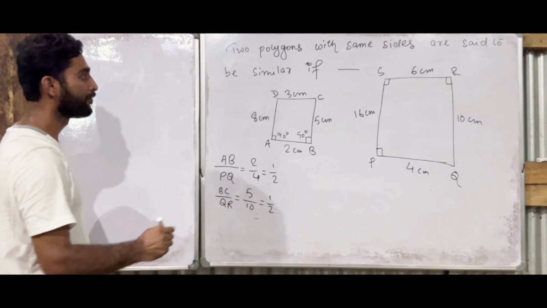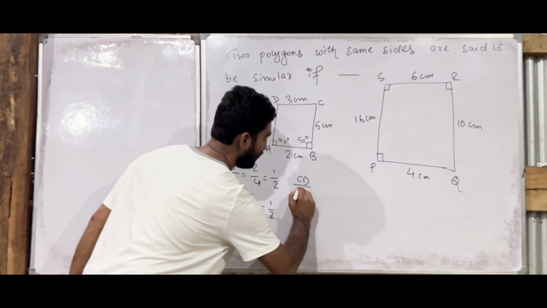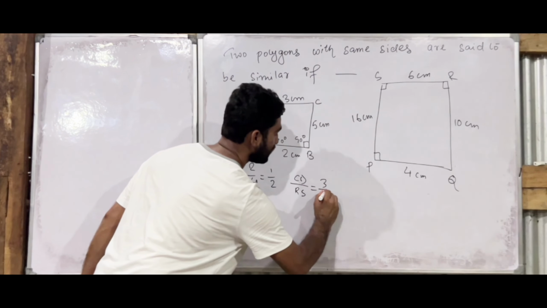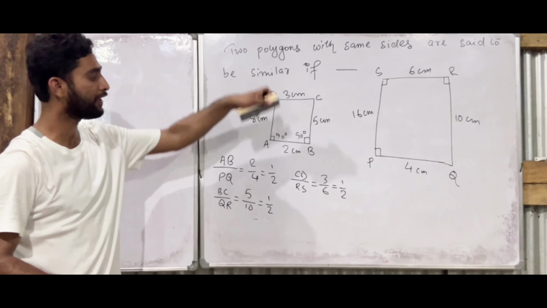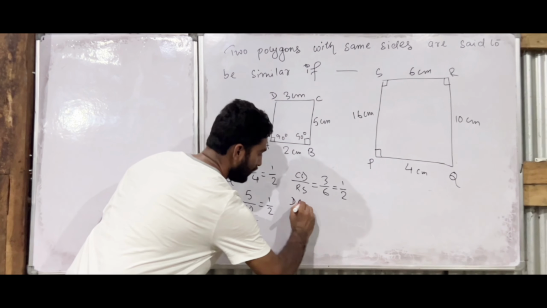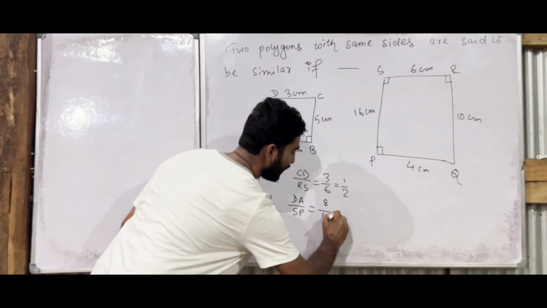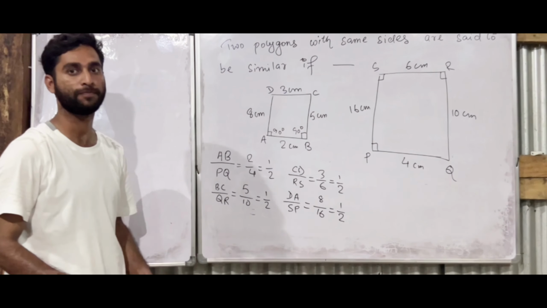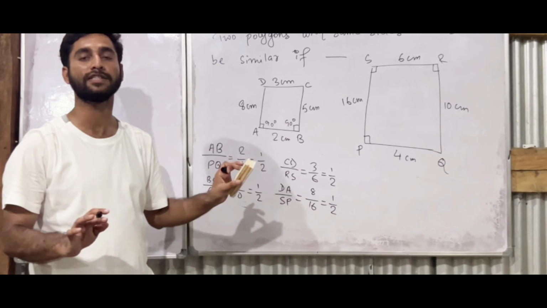CD divided by RS: 3 by 6, again 1 by 2. DA divided by SP: 8 by 16, again 1 by 2. So in this case, all the ratios of their corresponding sides are equal.